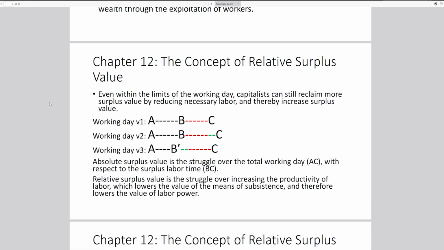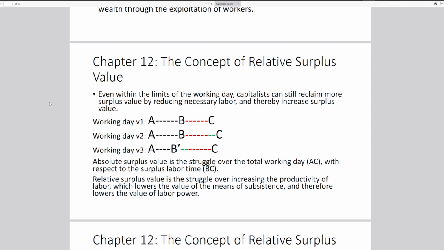It's a different strategy for capital to achieve the same goal state of increasing surplus value, without actually extending the working day and pissing off their workforce. And it's more sneaky because the workforce may not be totally aware that this is happening, basically.